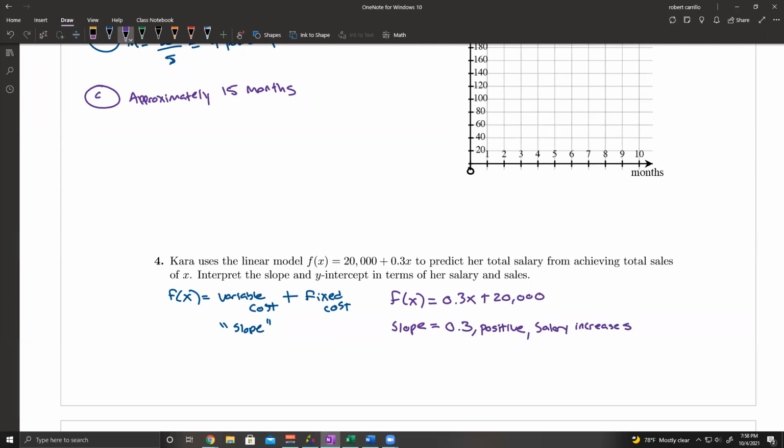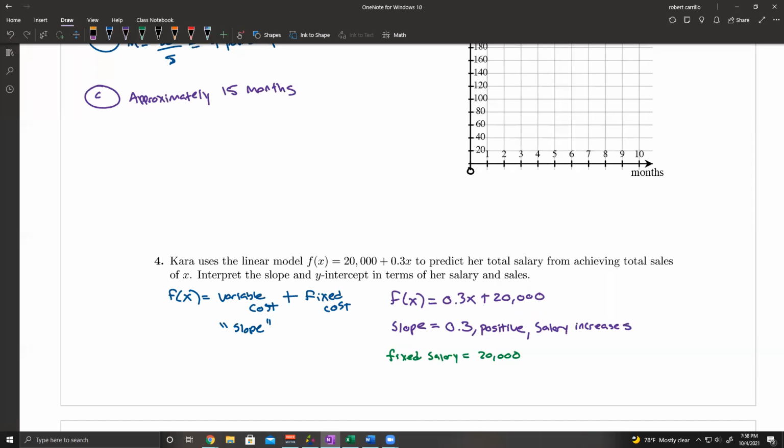Okay. And now let's figure out what that 20,000 is. So in this case, it's a function that models her paycheck, so what she's gaining. So this 20,000 is going to be called our fixed salary, which is 20,000. But what does this mean?